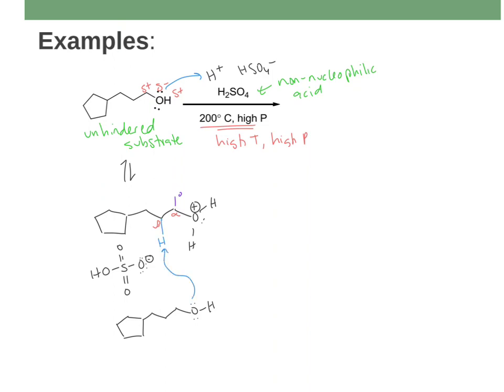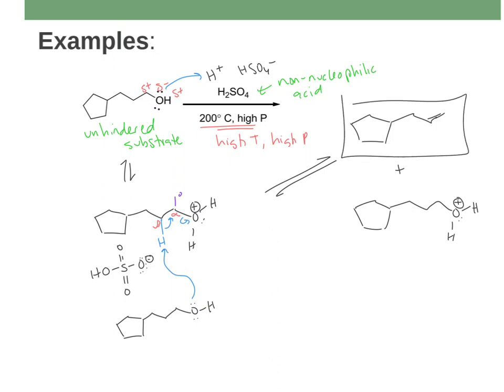And so you're going to see water, or like I said, someone might draw a conjugate, pluck off that beta hydrogen, form the alkene between the alpha and beta, and kick out the leaving group. Right? And if you do that, you're going to form the alkene, and you're going to form more of your protonated alcohol, which then can react more and more and more and more. So your product would be this.